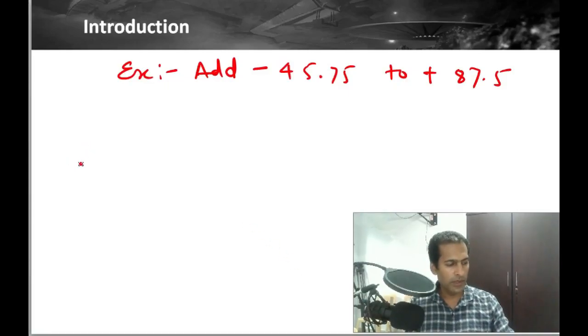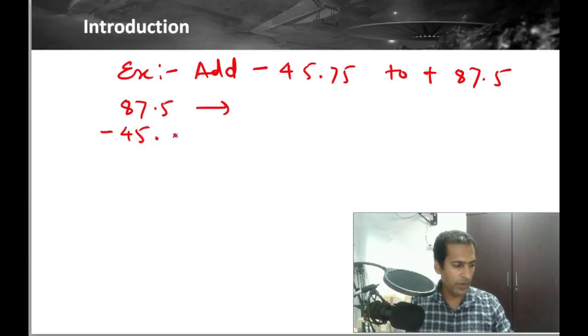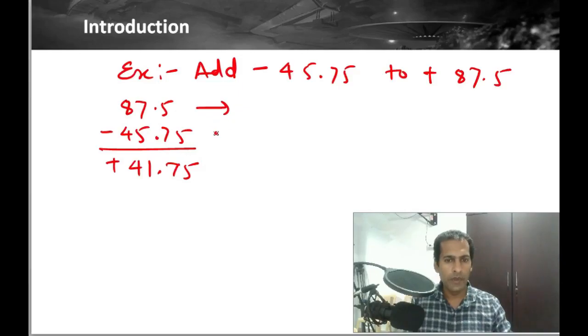So first let us see, this is with fraction. So say we have 87.5 and say we have minus 45.75. So our answer should be actually plus 41.75. So how we can convert it here?